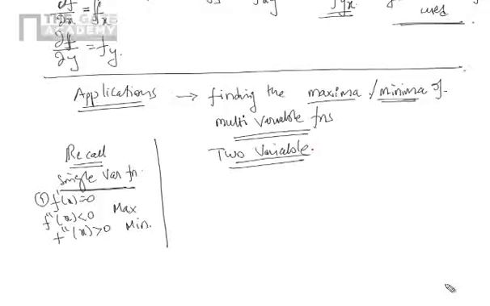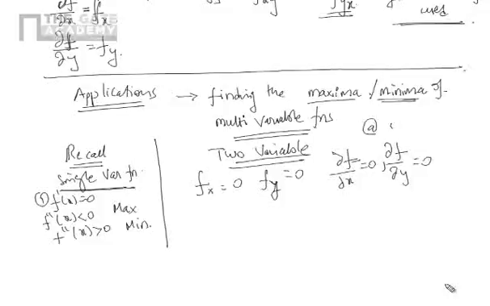Now we say that again the same thing, fx is 0, fy is 0. That is dou f by dou x, for the sake of understanding I am writing, is equal to 0. Dou f by dou y is equal to 0, at some point.